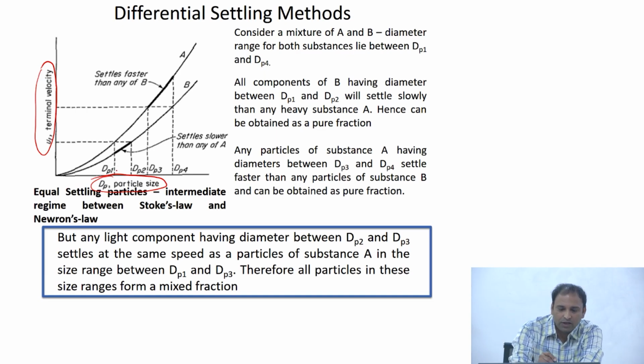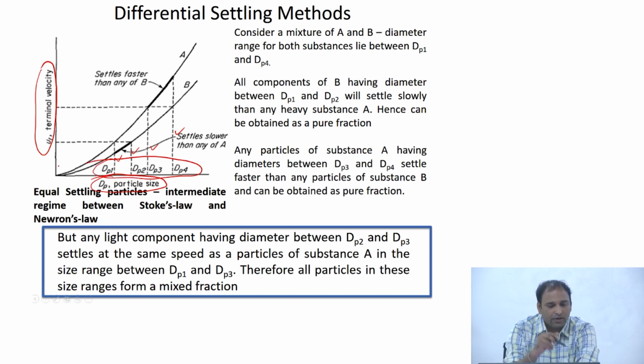So you have a mixture of particles whose size varies from dp1 to dp4. I have two particles of type A and type B, and the size range of the particles in the mixture is the same, going from dp1 to dp4.